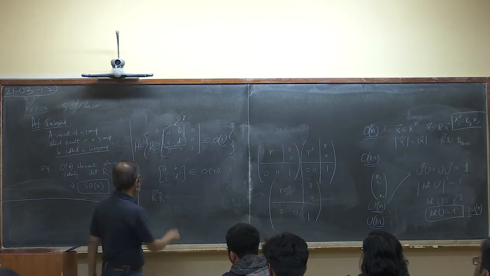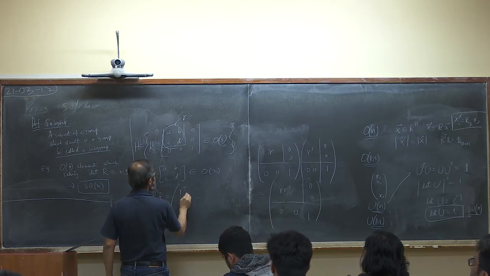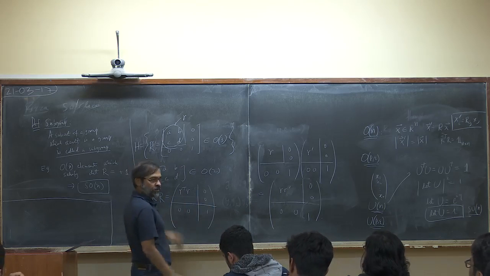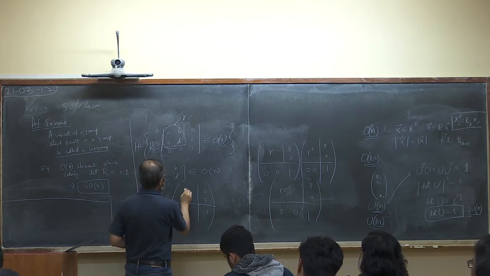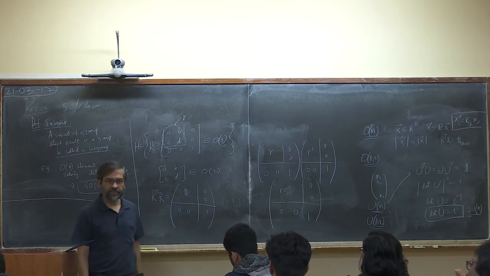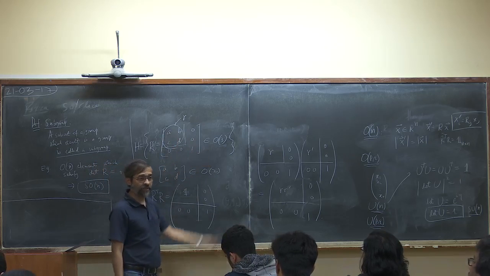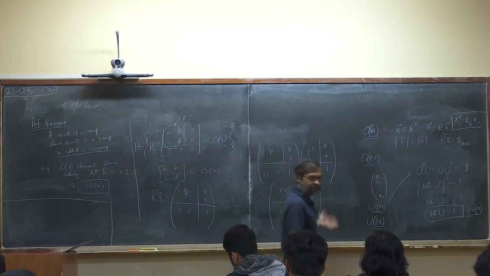But that's clear. By this rule, this will be R^T R, 0, 0, 1, 0, 0, and R^T R of course is identity by the O2 property. So this is done, and you could do it the other way around also, R R^T. So therefore, this is a subset. It's also a subgroup.